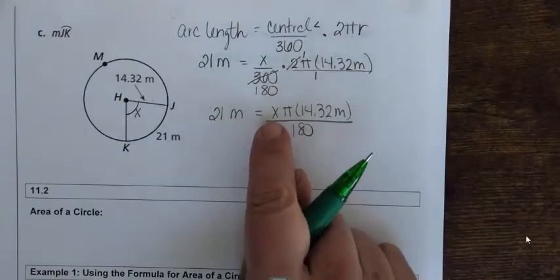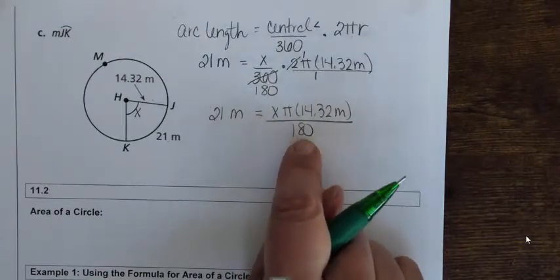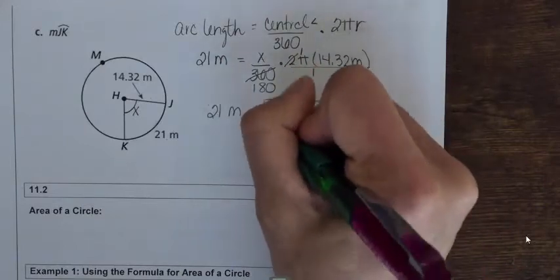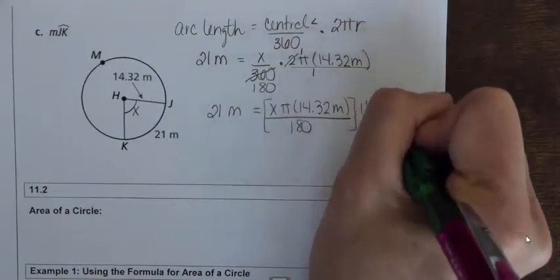I've got to get x by itself. First thing I'm going to do is get rid of this 180. X is being divided by 180, so I'm going to multiply both sides by 180.